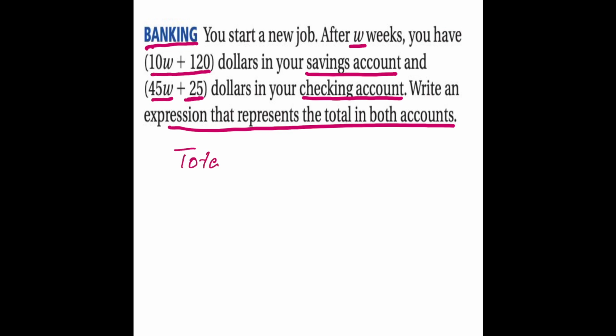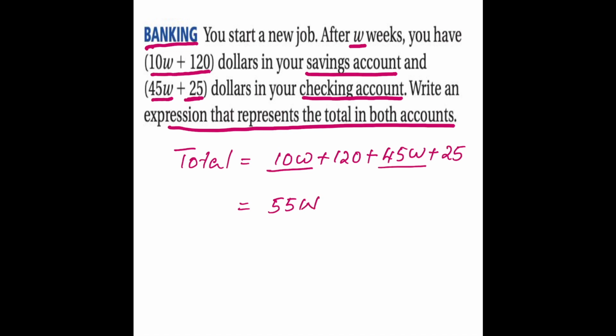So we are going to write down both the expressions. The total will be the sum of both expressions: 10w plus 120 plus 45w plus $25. So you can combine the like terms. 10w plus 45w, both of them positive, so you just add the coefficients, 10 plus 45, which gives 55w.